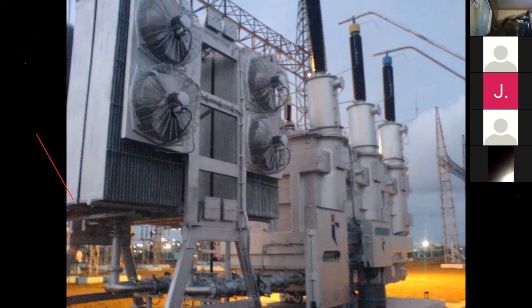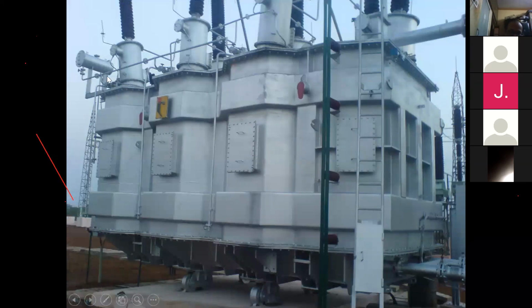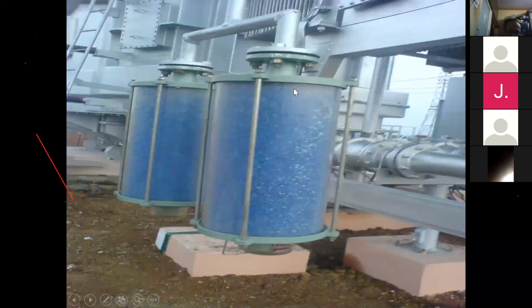In air cooled, you will just have the fans. In oil cooled, you will have the oil and air will be blown through the fins like shown here. So this is an air blast oil cooled transformer. This is the LV side bushing. Silica gel, SiO2, acts as a breather and absorbs moisture.